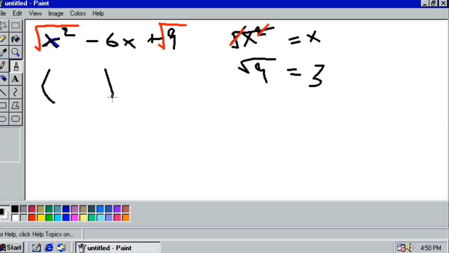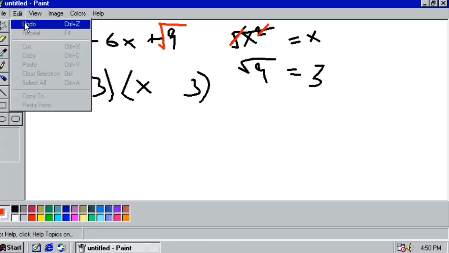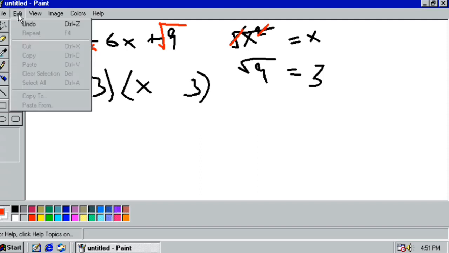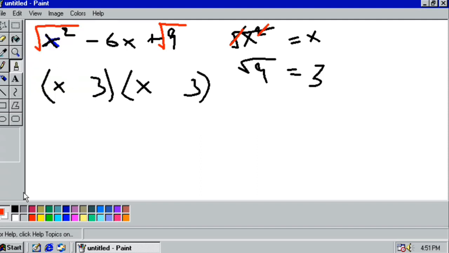So let's set up two parentheses here. So we're gonna add x on both parentheses and 3. Now, what sign are we gonna use here? So we're gonna use the sign of the second term rather. So both of these will be minus.